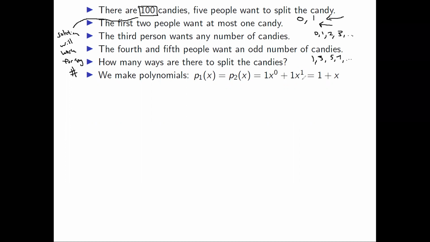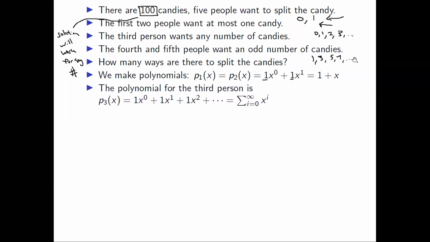And the coefficient next to x to the 1 is the number of ways that person 1 can get 1 candy. Same with person 2, they have the same polynomial. So the 1 right here is the number of ways that person 2 can get 0 candies, and the 1 right here is the number of ways that person 2 can get 1 candy. When we simplify that, we can just write it as 1 plus x. The x to the 0 is just 1, and 1 times anything is itself.